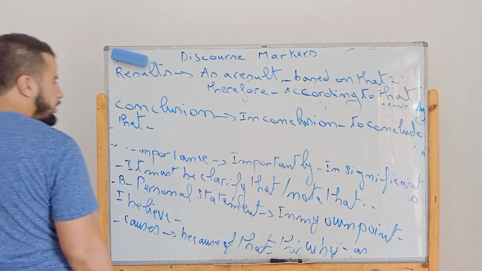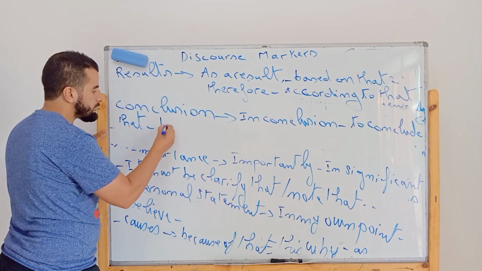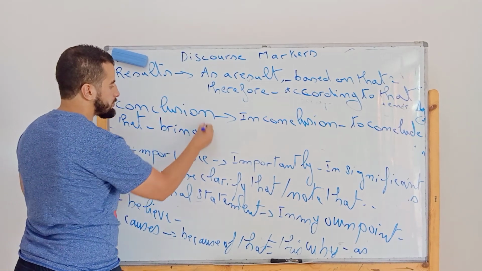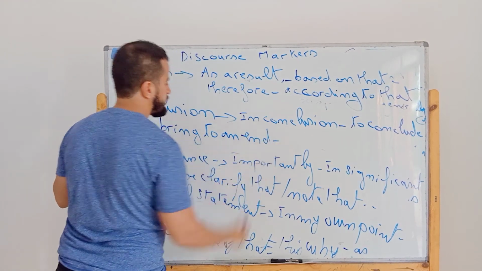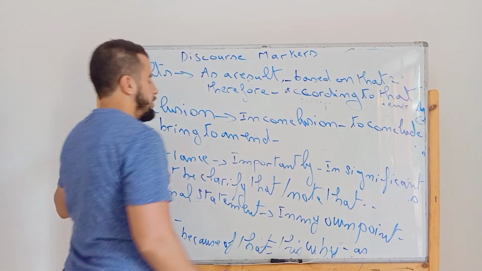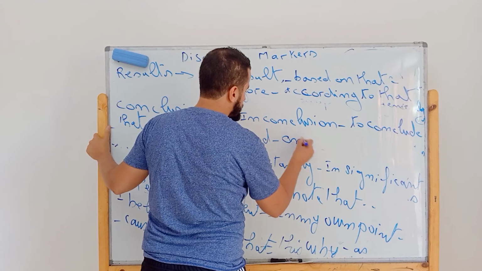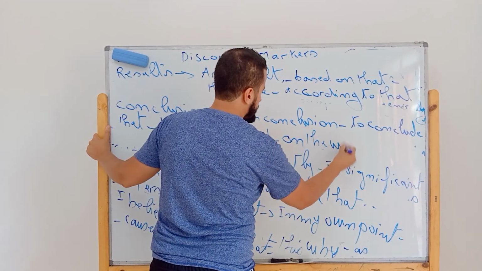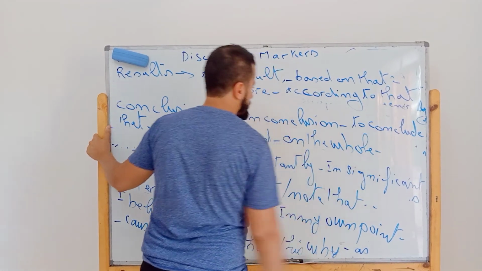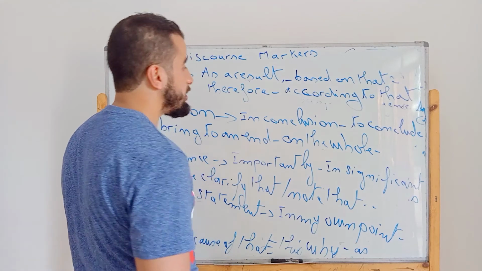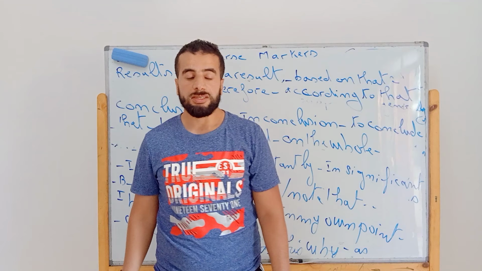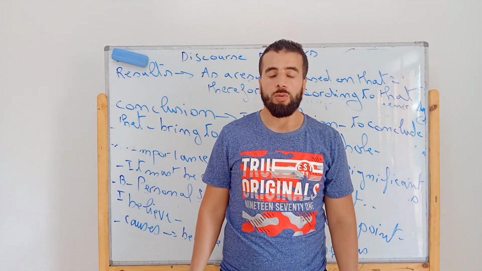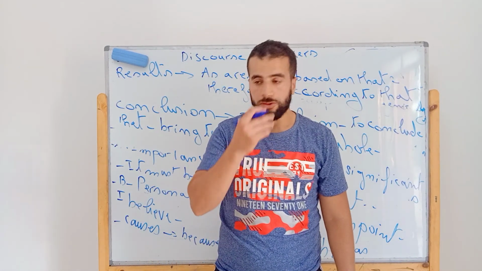There are other words such as to bring to an end, on the whole, coming to an end, etc. So these are the discourse markers that I was talking about.